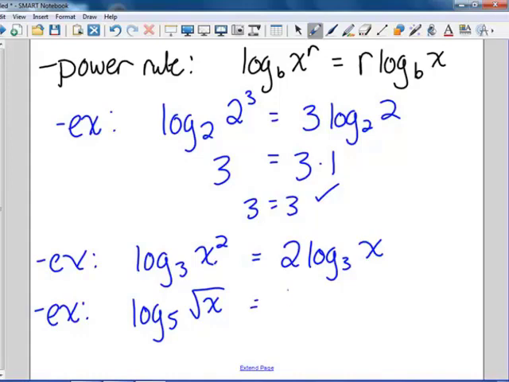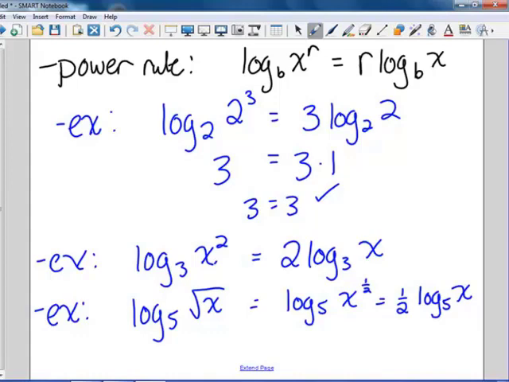Now this, let's do a little rewriting first. How can we rewrite square root of x? That's the same as x to the 1/2 power. So then using the power rule, I can bring that 1/2 out front. 1/2 log base 5 of x. Okay, so that would be what's considered expanding it.